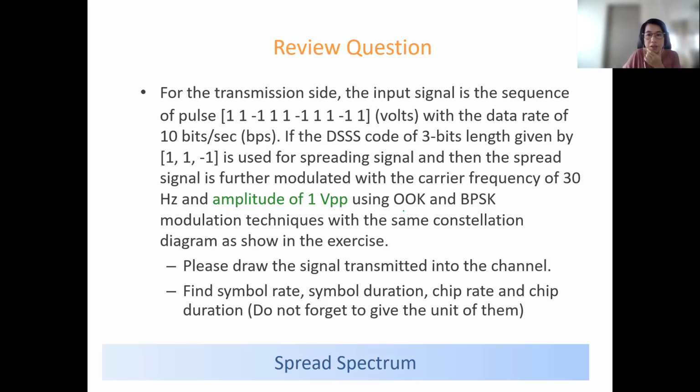But this one is actually very similar to what we did before in the previous exercise, but with a different modulation technique, okay? There are 2 modulations required. One is OOK and one is BPSK, and use the same constellation as the previous exercise.